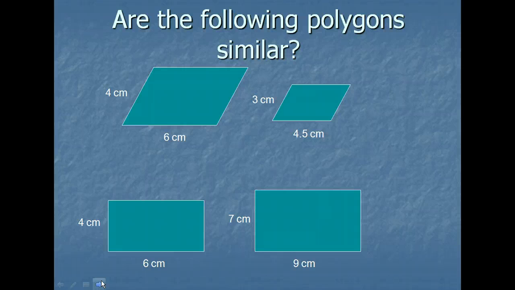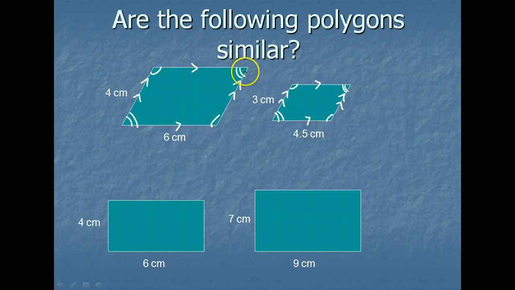Let's look at some examples where we have to decide if the following are similar. These first two are going to be parallelograms. And these two parallelograms are going to have corresponding angles congruent.